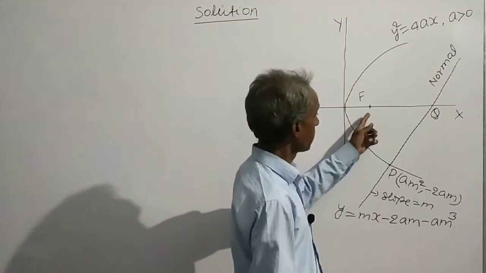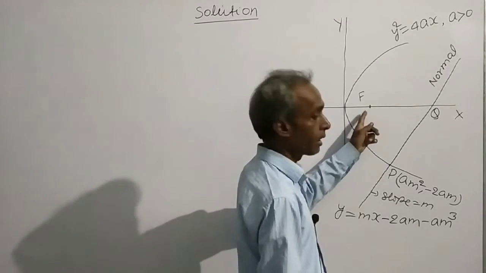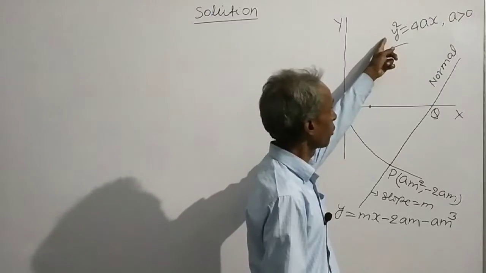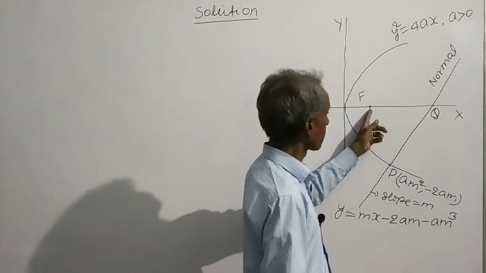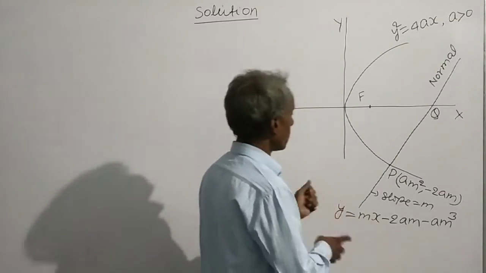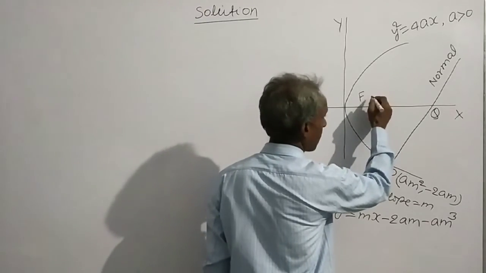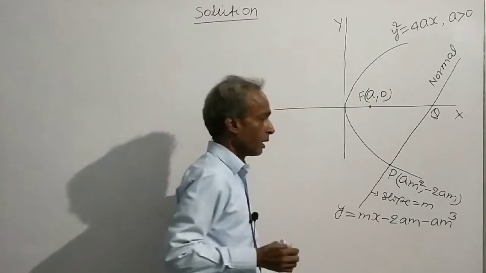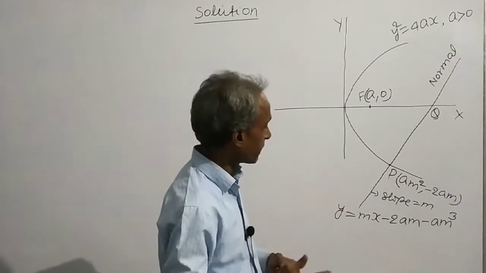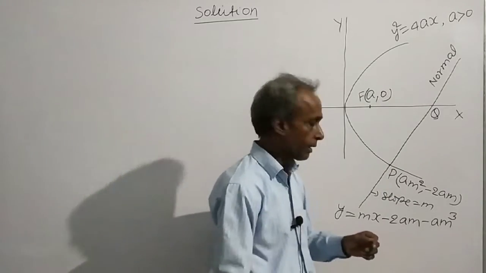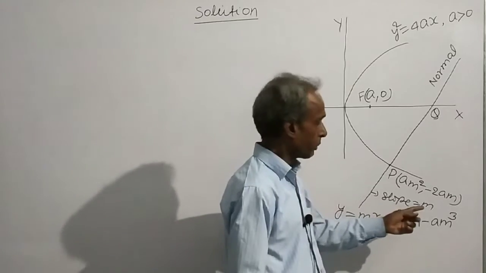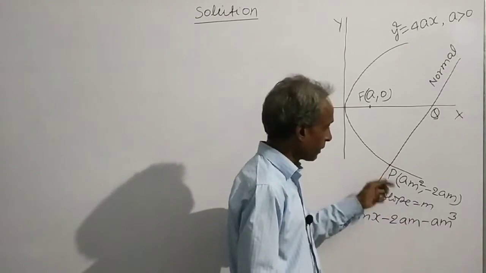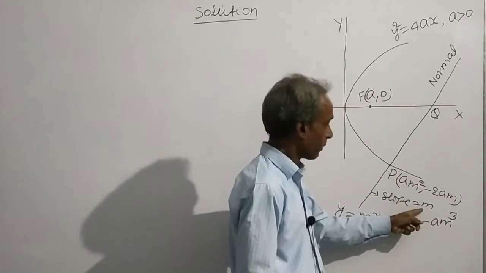It is given in the question that F is the focus of this parabola. We know that the coordinate of focus is (a, 0). Therefore, the coordinate of F will be (a, 0). It is given that the normal at point P has slope m.